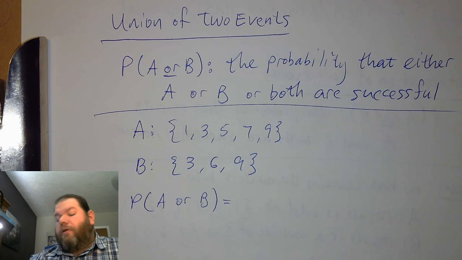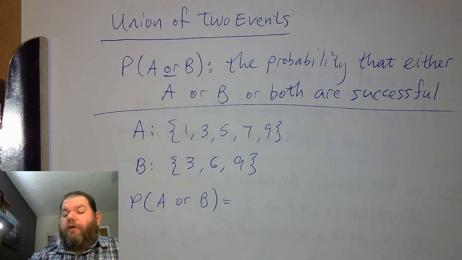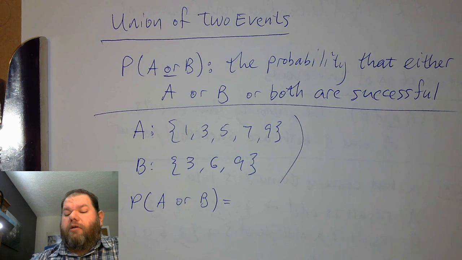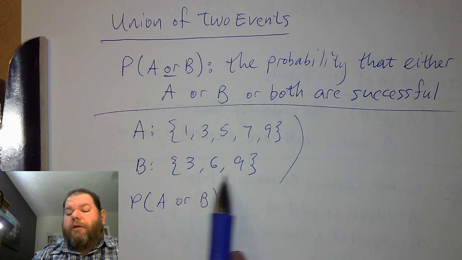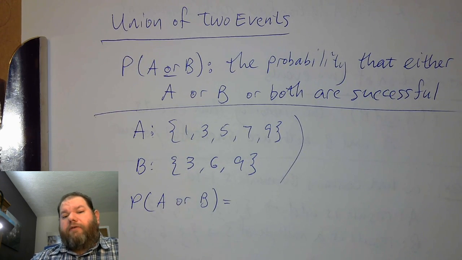Now, again, when we say A or B, that means either A or B or both are successful. So between A and B, how many different numbers do we get from the 10 that are total in the hat?